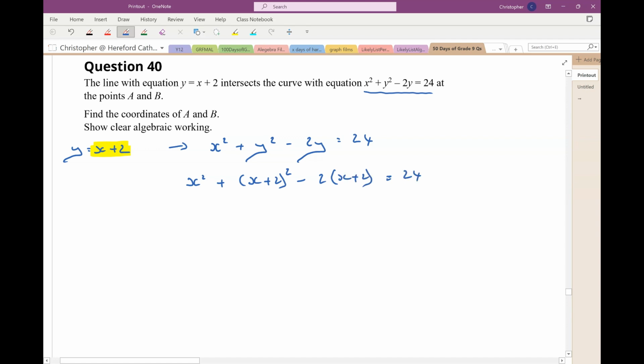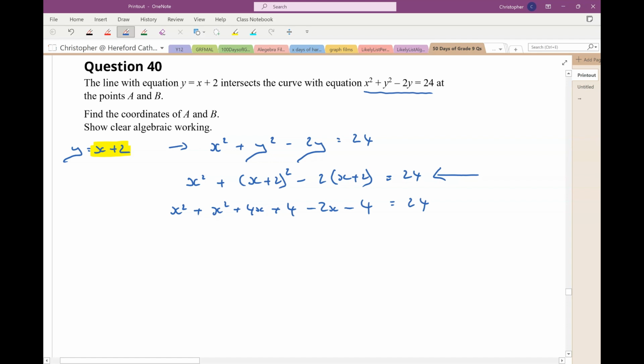So all I've got to do is solve this equation, which has only got x's in it, without messing up the algebra. So x squared plus x plus 2 squared is x squared plus 4x plus 4, minus 2 times x, minus 2 times 2 is minus 4, equals 24.